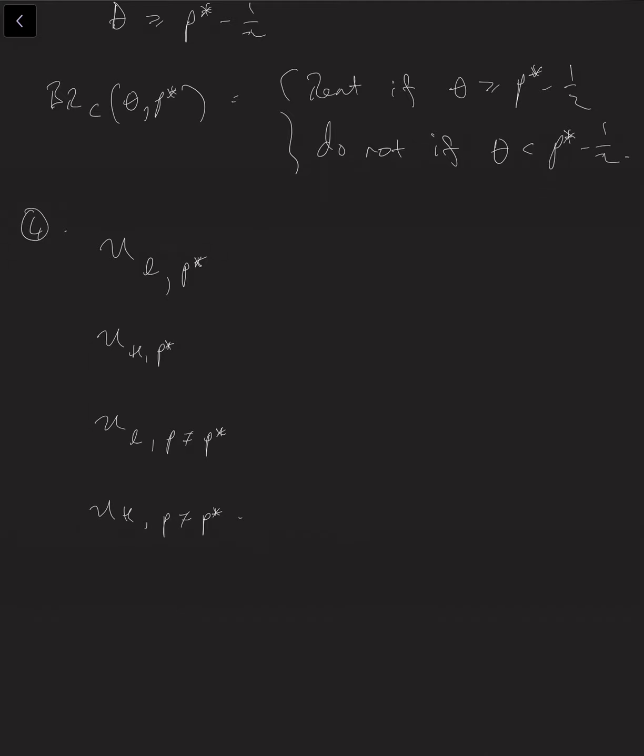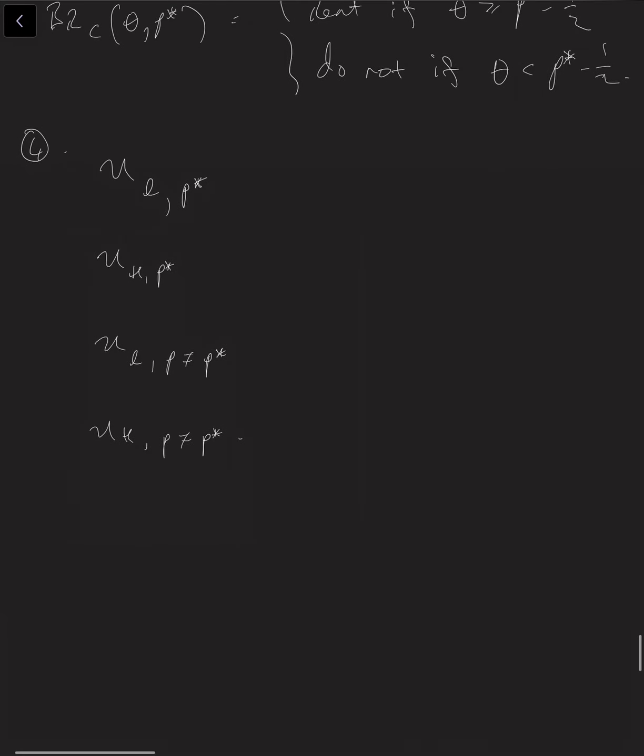Then we'll get inequalities, and then hopefully we'll be able to derive levels of P star which ensure that this is higher than this, and this is greater than this. So that is what we are going to do.